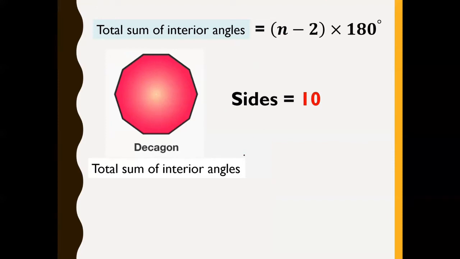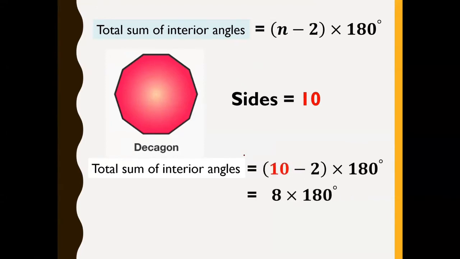How are we going to calculate it? 10 minus 2, we get 8, then multiply with 180. Finally we get the answer, which is 1440 degrees. It means that if we add up all the interior angles together, we will get 1440 degrees.